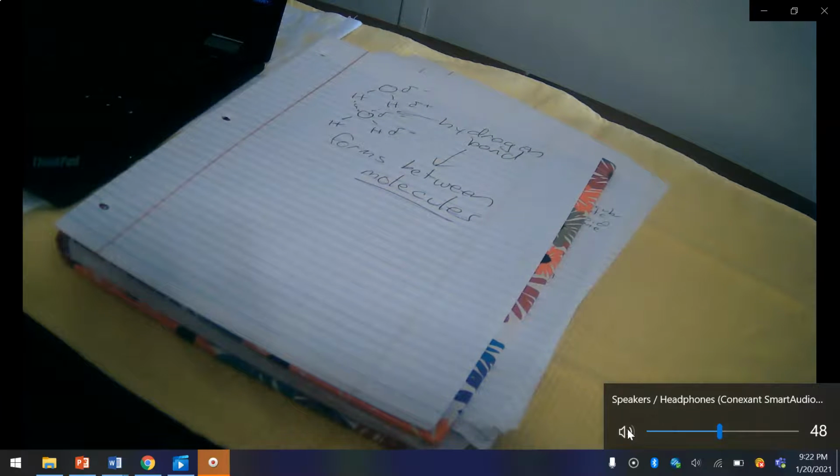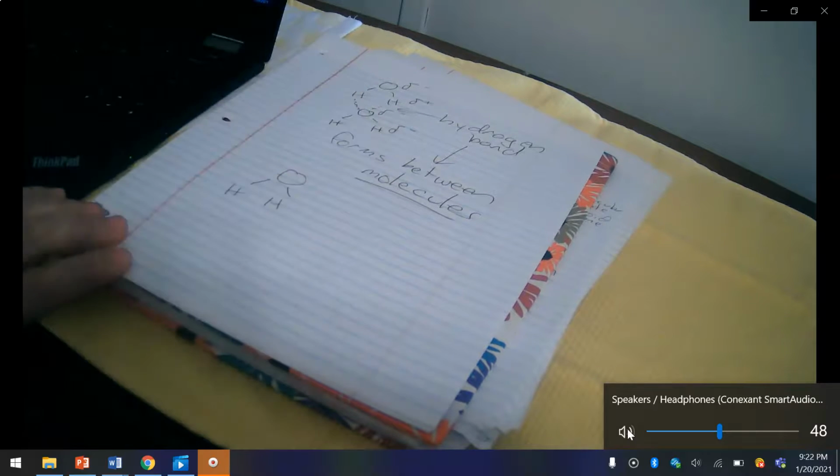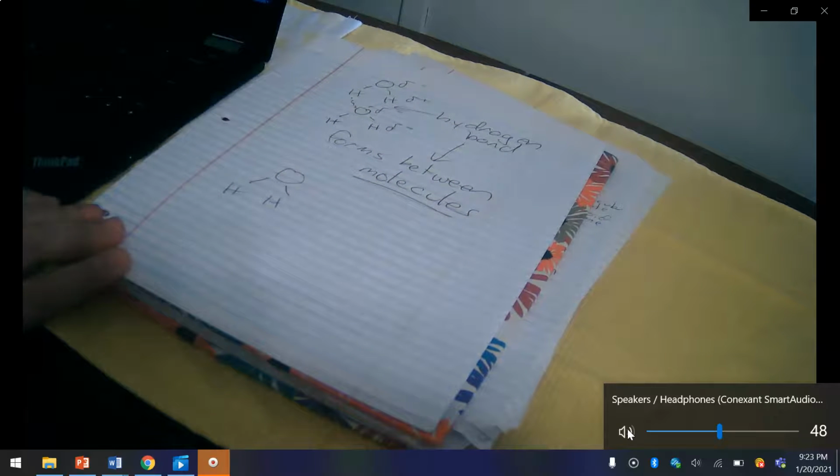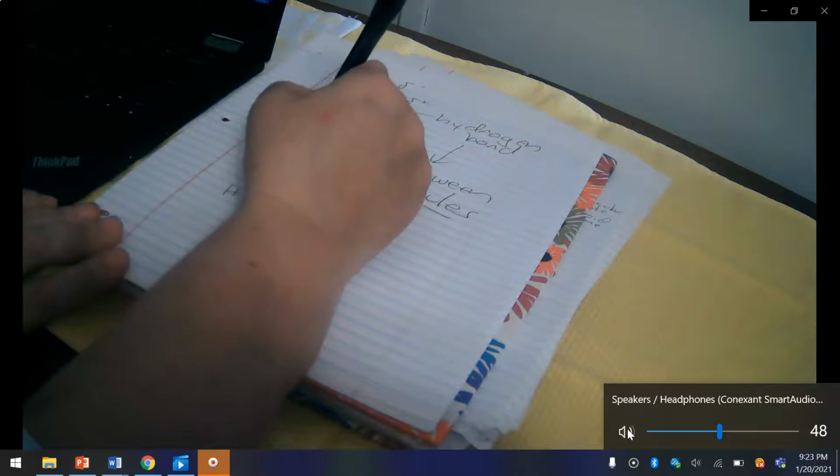Okay, so the water molecule itself has two polar covalent bonds that hold the oxygen to the hydrogen. But then another water molecule is weakly attracted to this water molecule, and let's draw a different orientation. Let's draw the other water molecule up here.